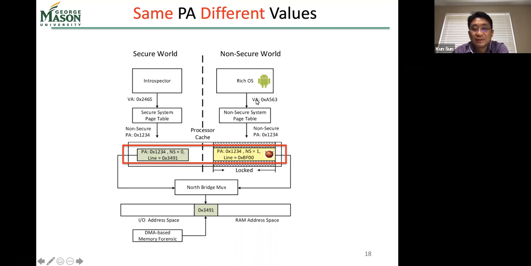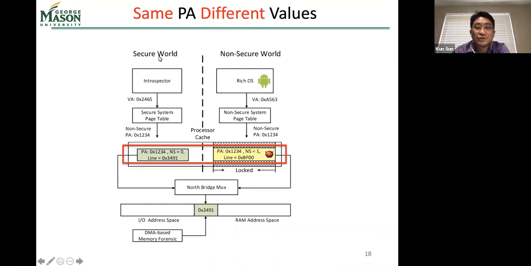The non-secure world can save the malicious code in the cache without writing those data through into the physical memory. But when the secure world checks, it will see a consistent cache and physical memory, just some normal data. In this way, we can hide all those malicious codes only in the cache.